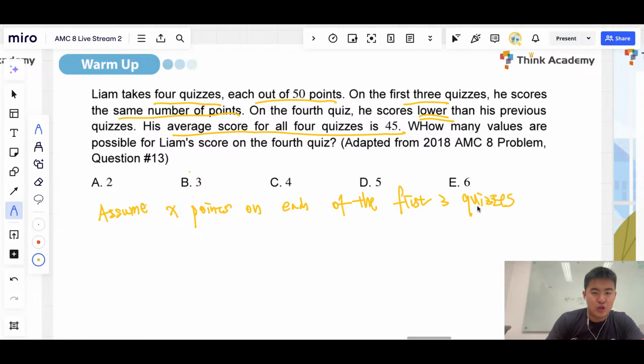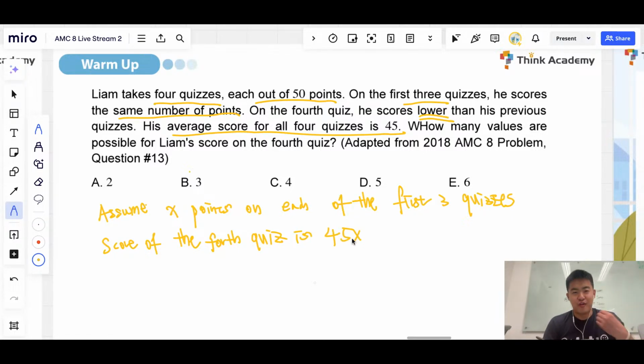Since we know they have the same score on the first 3 quizzes, the score on the fourth quiz is just the total, which is the average for the 4 quizzes, 45, times 4, giving you the summation, minus 3x.